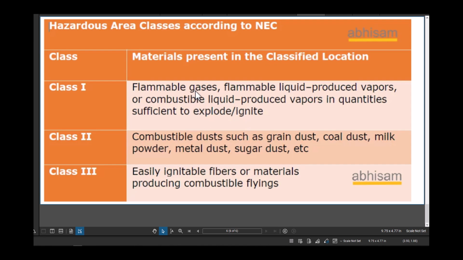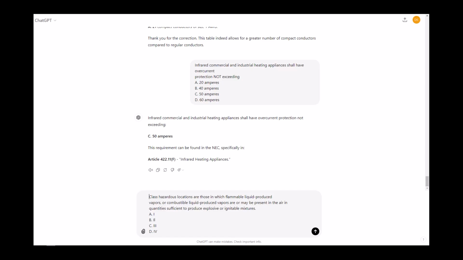Here we have a gas, class 1. Here we have a dust. And class 3 is easily ignitable fibers or material producing combustible flyings. Then you can remember this one: 1 is gas, 2 is dust, 3 is fibers. And just for your information, let's go with ChatGPT, see what we have here.